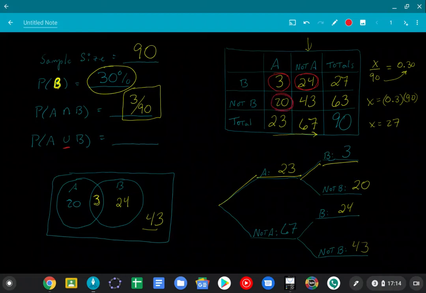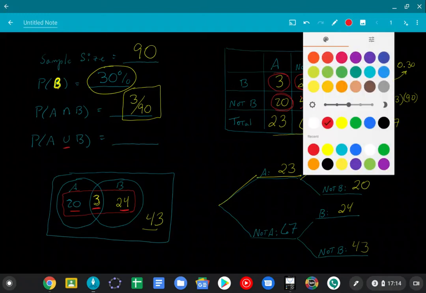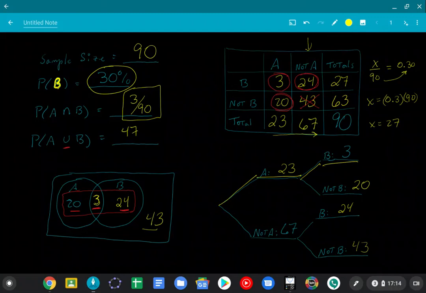The only one you can't use is 43. Now notice, how does that translate to the Venn diagram? A or B are all these guys. It doesn't matter if you're A, you're B, or you're both, right? It brings everybody together. It's the union. And similarly here, what is that going to be? 47. So we're going to have a total of 47 people who are in A or B out of 90.